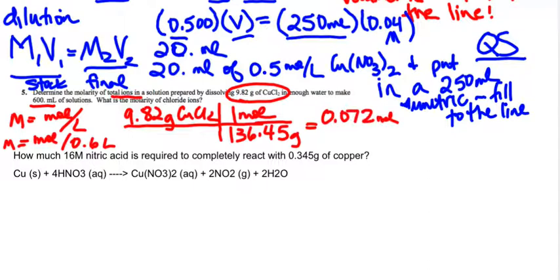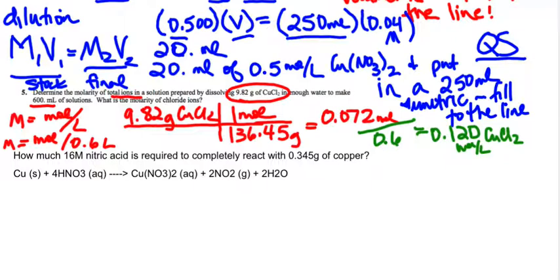All right, now how do I convert that to molarity? Divide it by 0.6. So what is my molarity of copper(II) chloride? 0.12. Can you give me one more sig fig? 0. Moles per liter of copper(II) chloride.